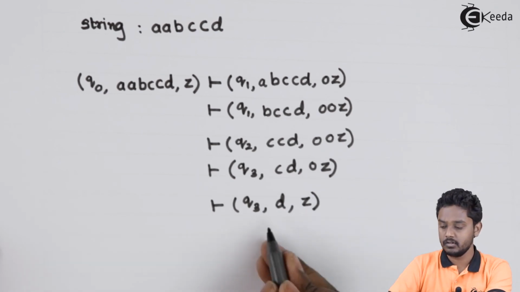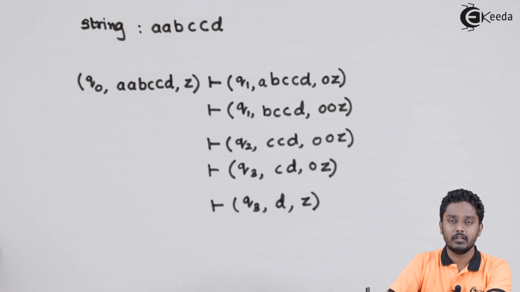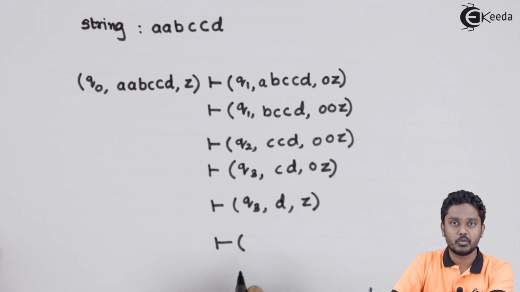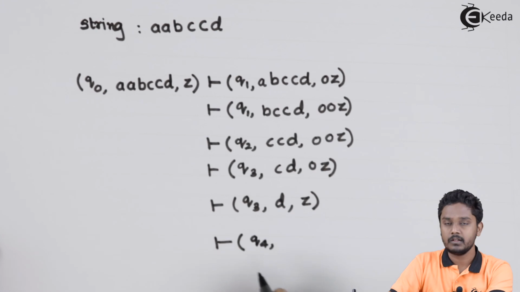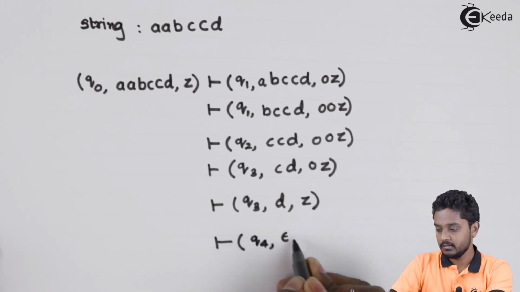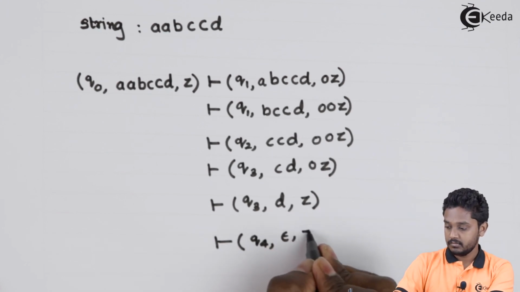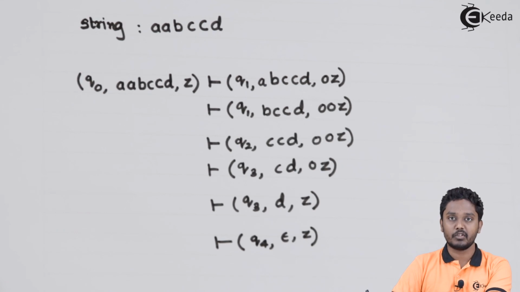Last transition, Q3 on D with Z as the top of the stack. It will cause the machine to go to state Q4. The string left to be visited is now empty, keeping the stack as it is. You can see that at the end of the string, we are reaching state Q4, which is a final state, and hence this particular string is accepted.